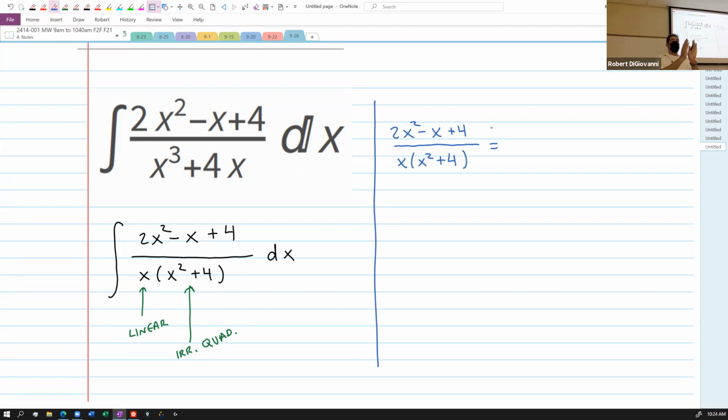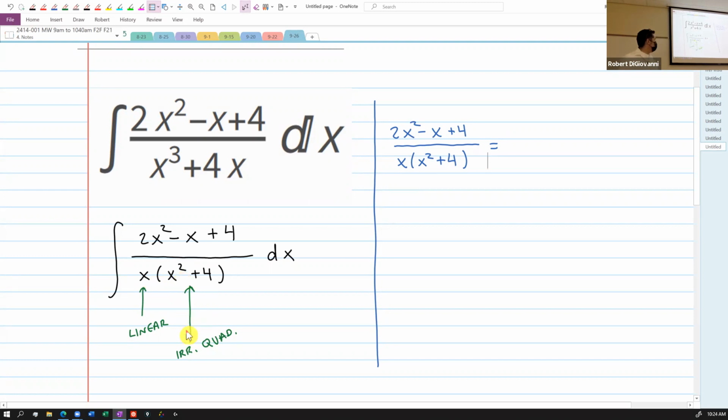If you have distinct linear factors, you do a over each one, right? If you have a repeated linear factor, which is the previous example, you would do like we did in the previous one, where we did b over x plus 1, c over x plus 1 squared. Here, first time ever, we've had an irreducible quadratic down here. First time in a problem like this.